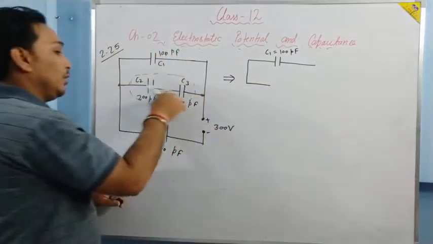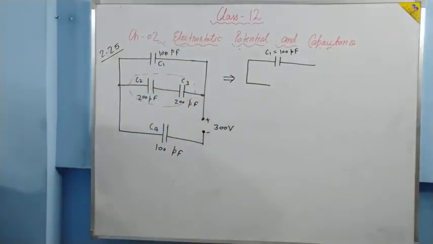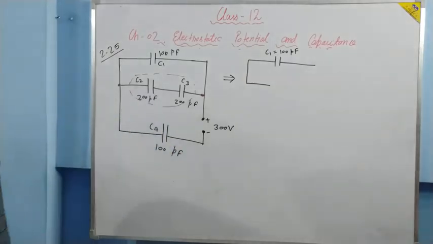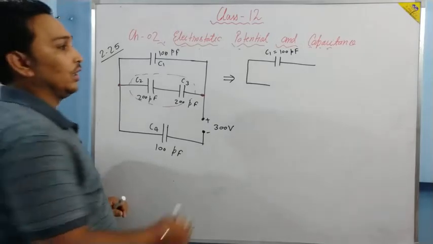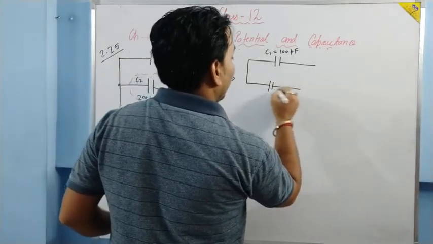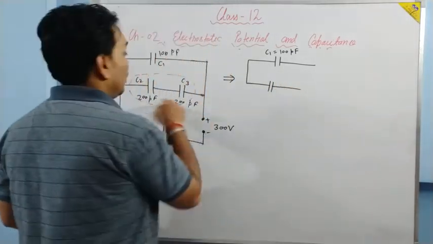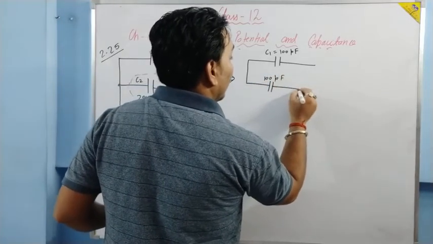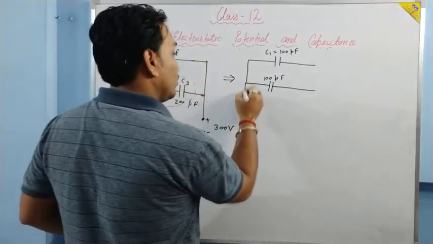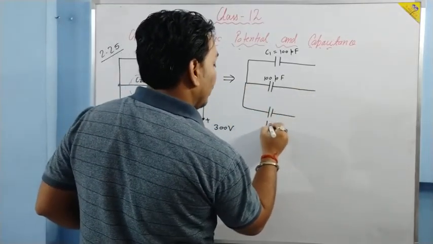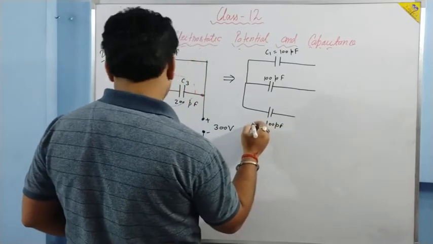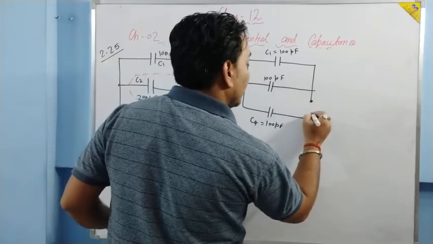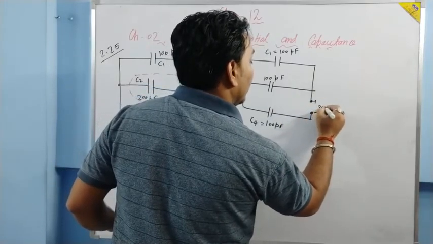When these two are added in series: 1 by 200 plus 1 by 200 is 2 by 200, which is 1 by 100, so the reciprocal is 100. This will be 100 picofarad, the equivalent of these two. Then we have C4 of 100 picofarad and a voltage source of 300 volts.